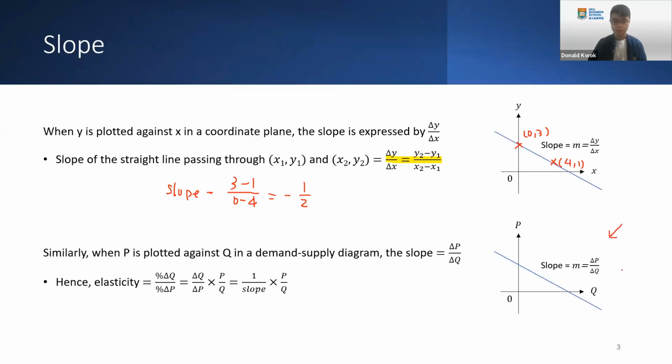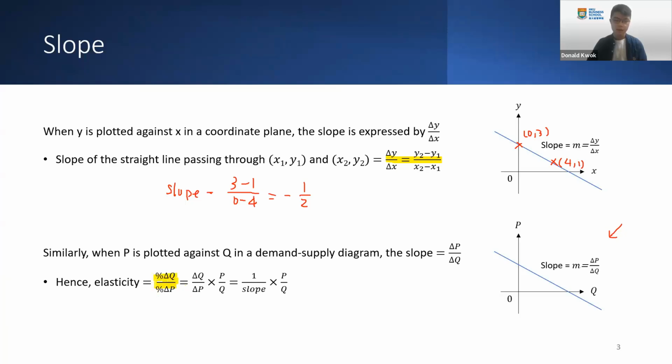At this time, I would like to recall how we calculate the elasticity using the slope coefficient. We know that the definition of elasticity is percentage change in quantity divided by percentage change in price.